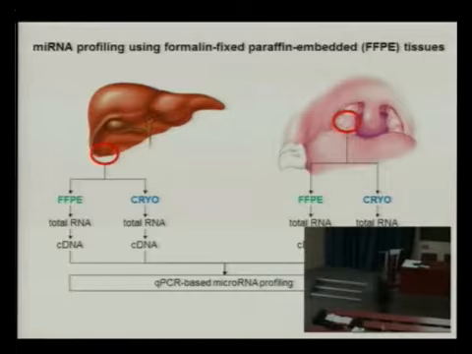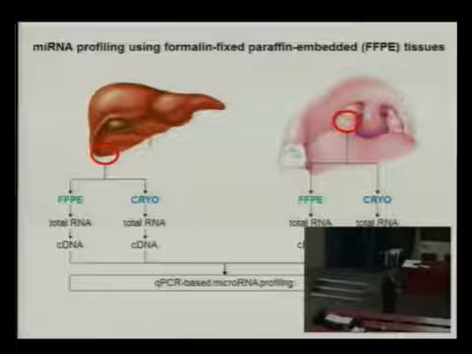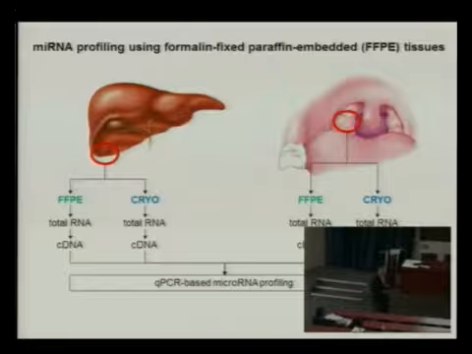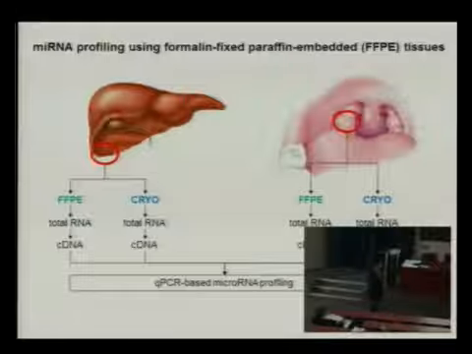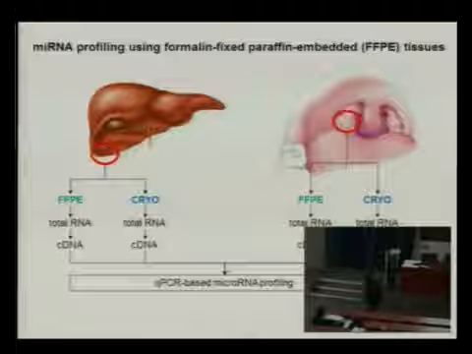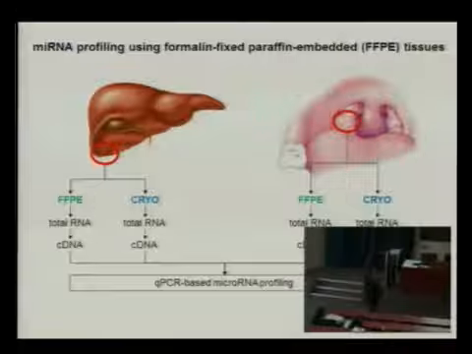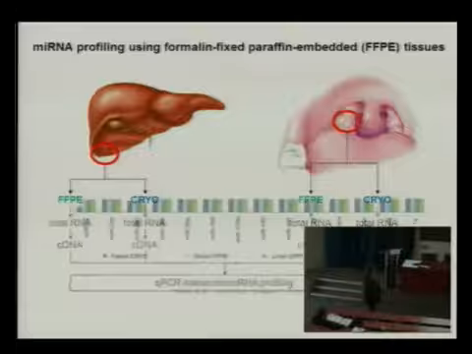We then extracted the total RNA, that was for the FFPE fixation done using an Ambion kit called RecoverAll. And then we performed microRNA profiling, so we made whole profiles from each of the samples.